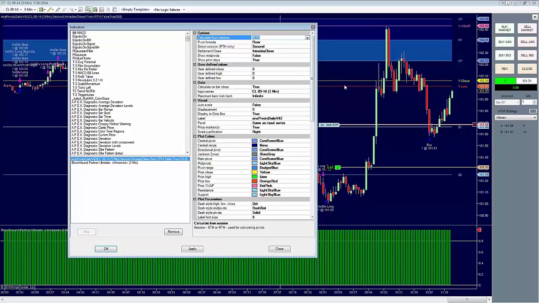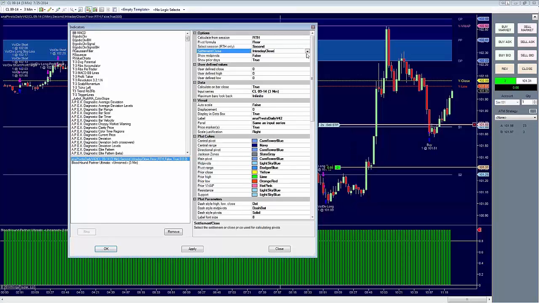So not always will the high and the low of the day be reached in the overnight market. Sometimes it will be reached in the regular trading hours between 9 a.m. and 2:30 p.m. So days like that, the pivot points would be the same whether you chose RTH or ETH. All right, but when you get the highest high and the lowest low during the electronically traded session, then they're going to be very different.